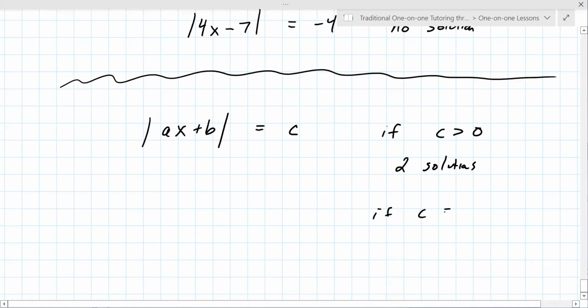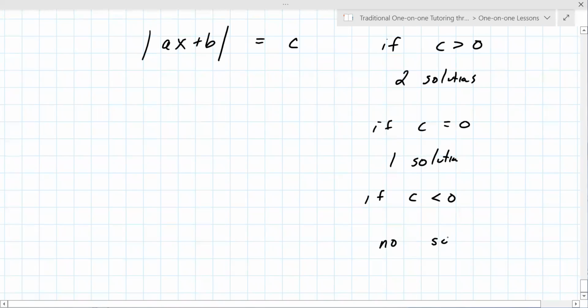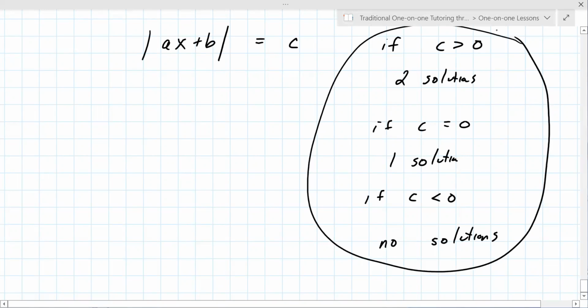If c equals 0, so if there's literally a 0 here, 1 solution. If c is less than 0, like a negative number, there are no solutions. And this is key here. This is what you've got to take away from today's lesson. And it works in really nicely with x-intercepts and y-intercepts, some of that stuff that we talked about earlier.